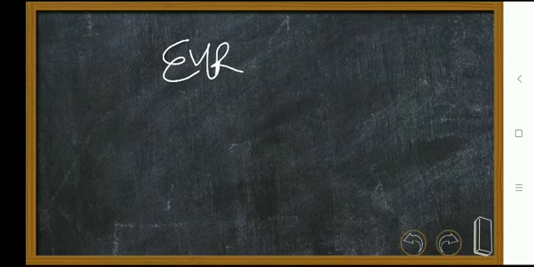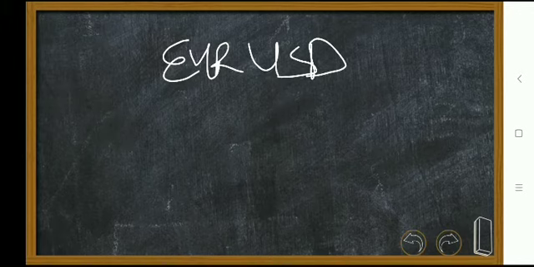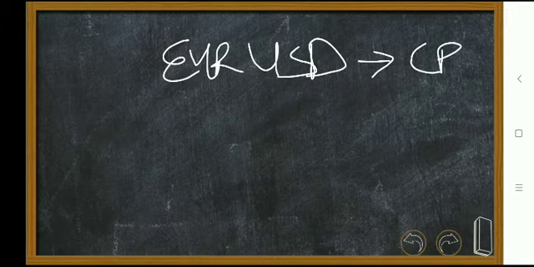As I said, we have Euro, USD. This is a currency pair in Forex. For this pair, there will be price. Remember, we're in a market. There will be prices because not everyone is willing to buy and not everyone is willing to sell. There are those who are willing to buy, those who are willing to sell this currency pair.